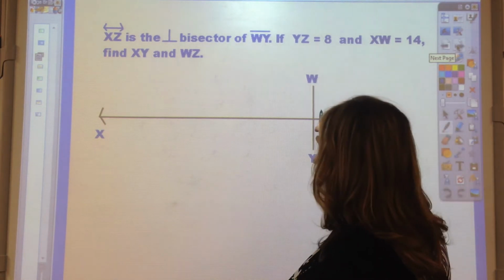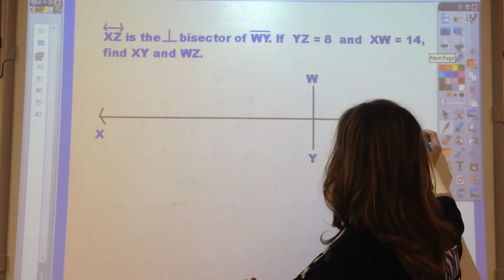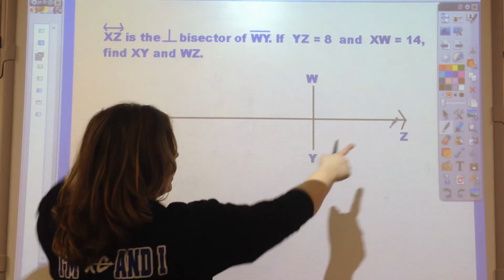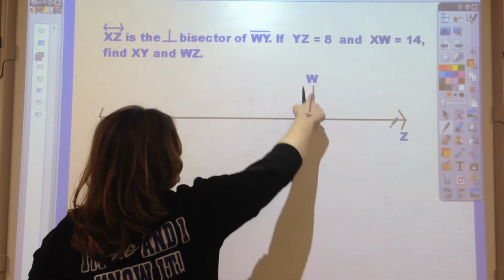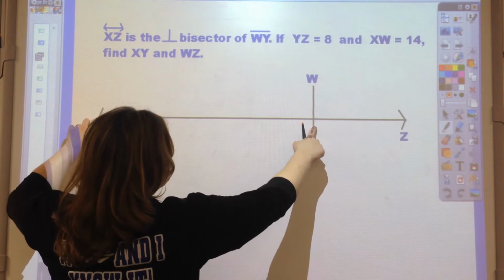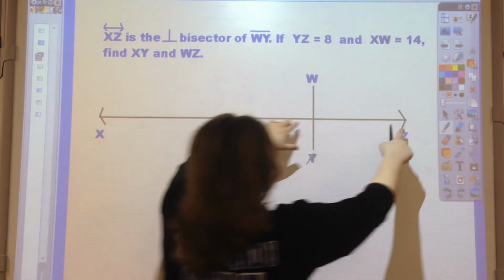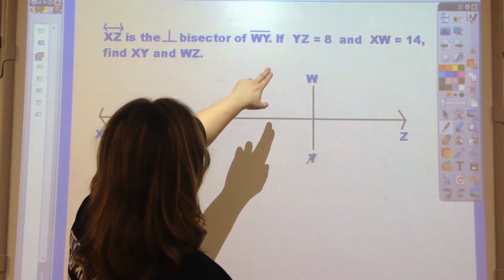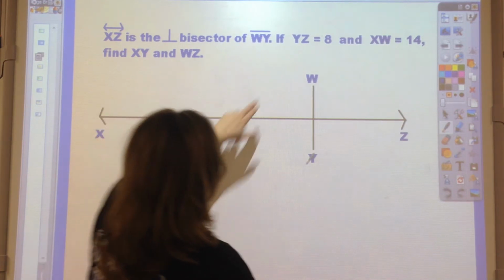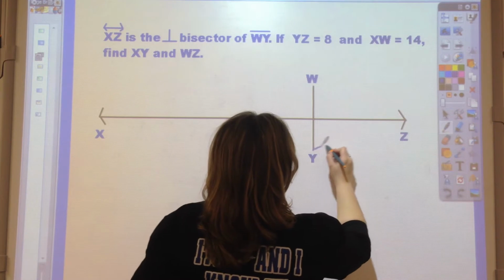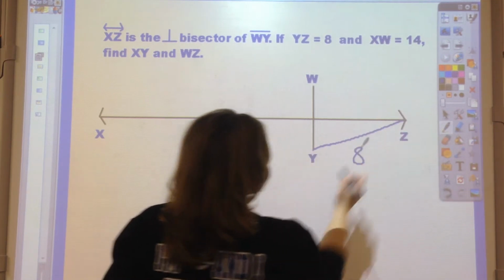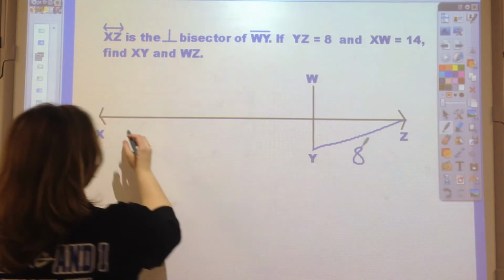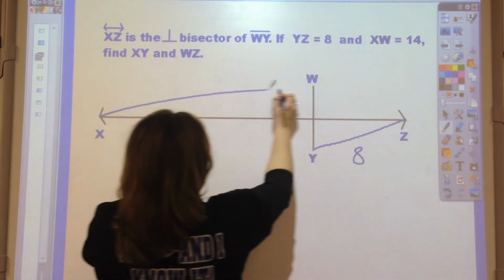If WY is perpendicularly bisected by this line XZ, any point on this line is equidistant from its endpoints. And so we're going to look at that for a second. If, let's say, we know YZ, I'm told, is 8, and I am also told that XW is 14.